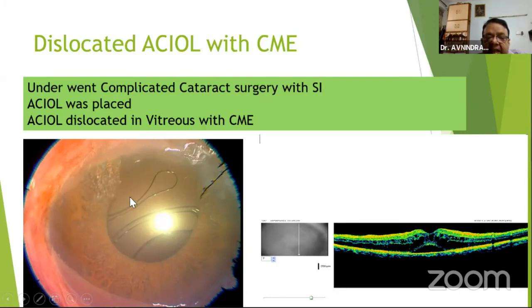An ACIOL was placed, and this patient was a doctor, and you must not have seen a dislocation of an ACIOL at any time. Because of this dislocation, the patient also had CME. You can see the fluid and intraretinal cyst in this patient. So we went ahead and did a surgery. We created a flap nasally and temporally, and we did a total vitrectomy.